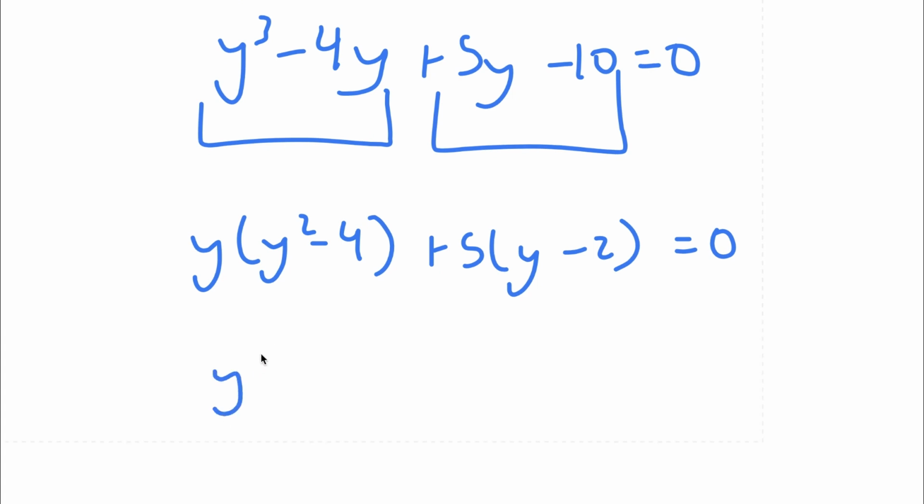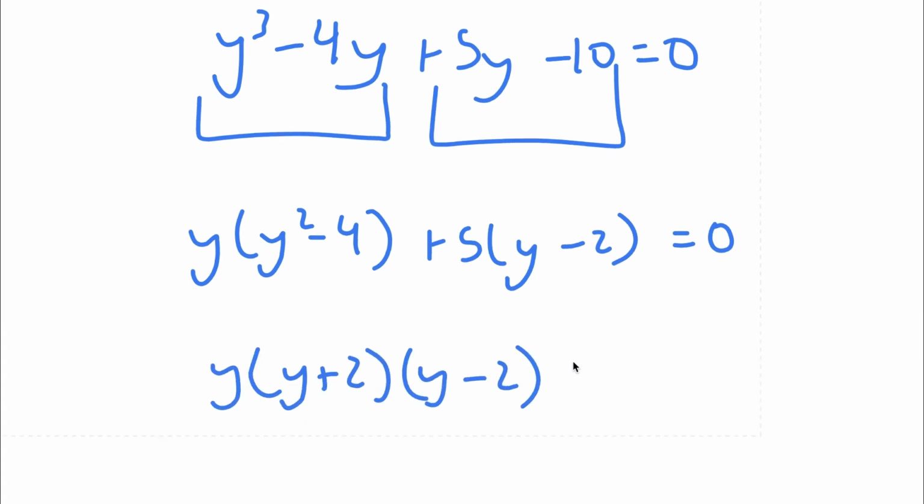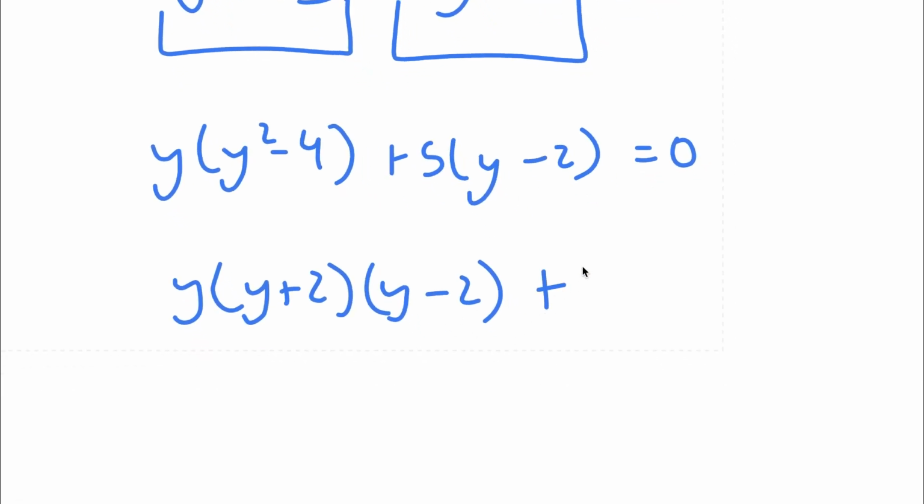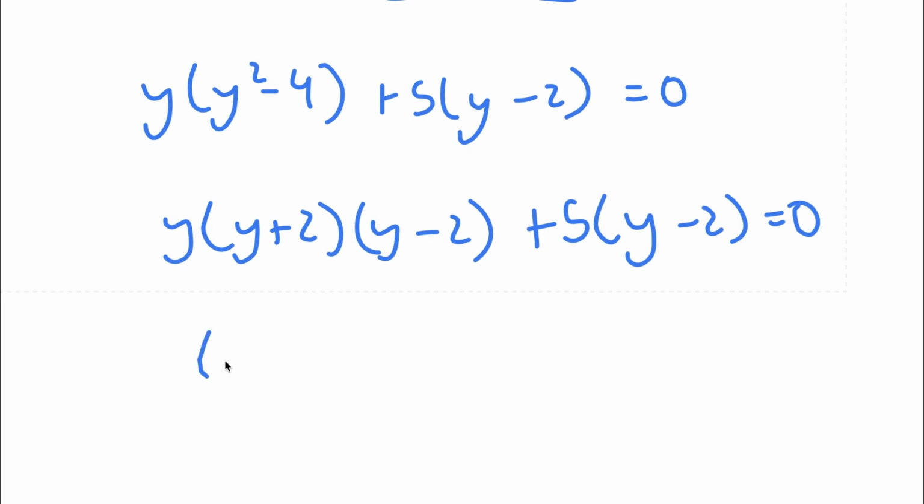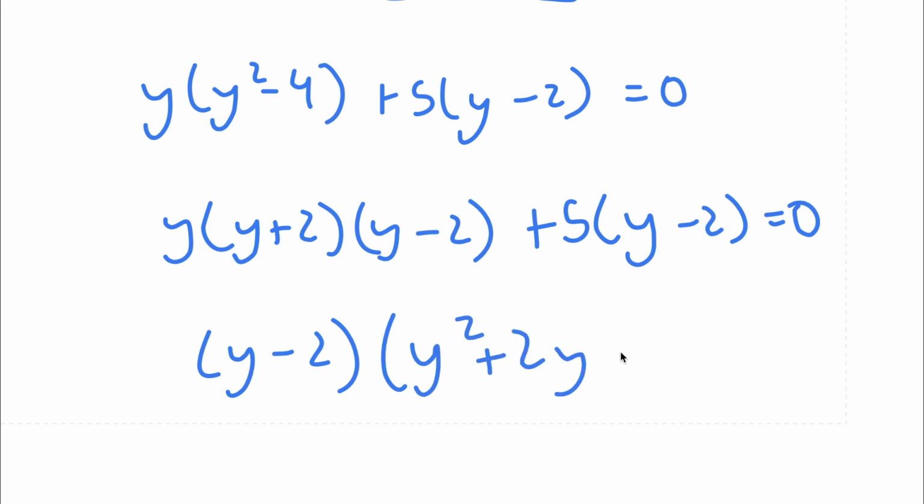Now y squared minus 4, that's the same thing as y plus 2 times y minus 2. So I have y times y plus 2 times y minus 2 plus 5 times y minus 2 is equal to 0. Now if I factor out y minus 2, I get y minus 2 times y squared plus 2y plus 5, and this is equal to 0.